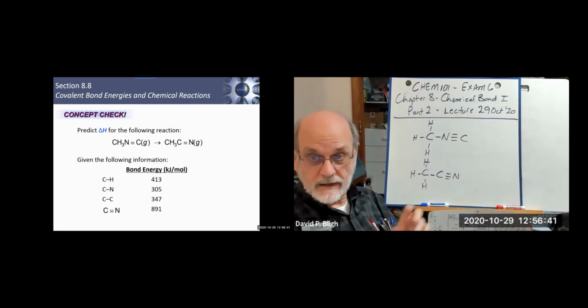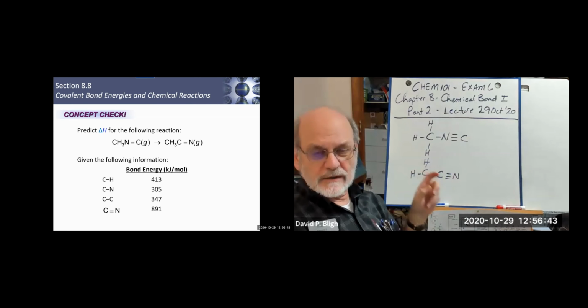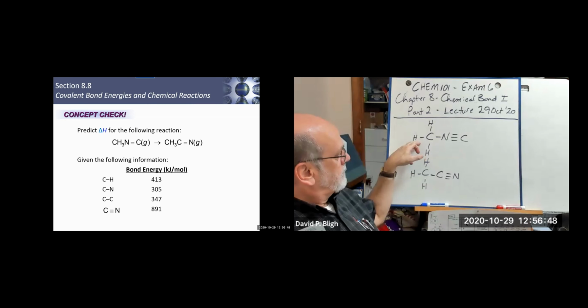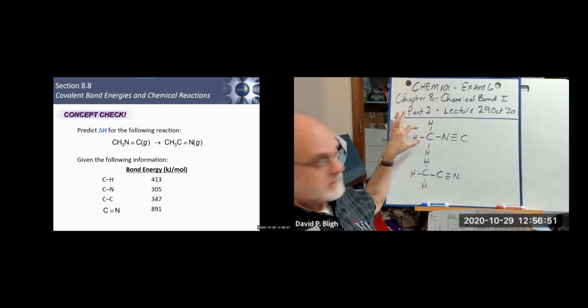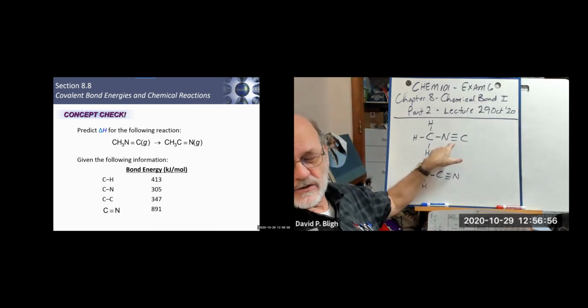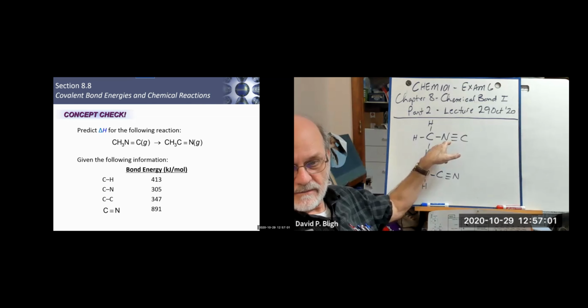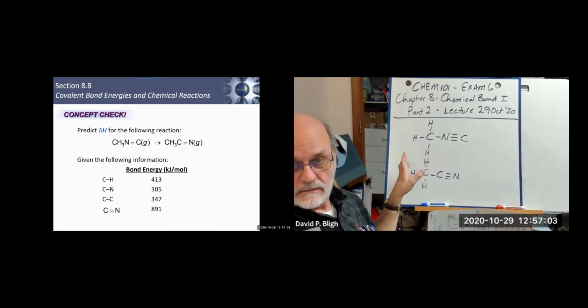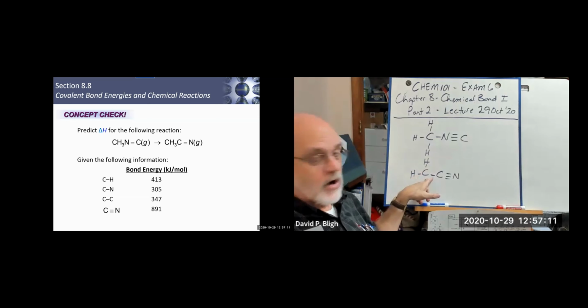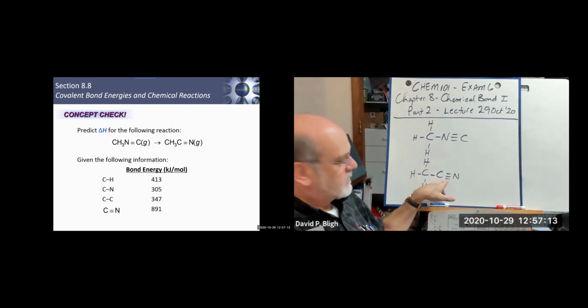Like that, okay? So the bonds that have to be broken, theoretically, you would break 3 carbon-hydrogen bonds, you would break a carbon-nitrogen single bond, and you would break a nitrogen-carbon triple bond. And then you would subtract from that the amount of energy you get back in breaking these 3 carbon-hydrogen bonds, this carbon-carbon bond, and this carbon-nitrogen bond, which is the same as that one.